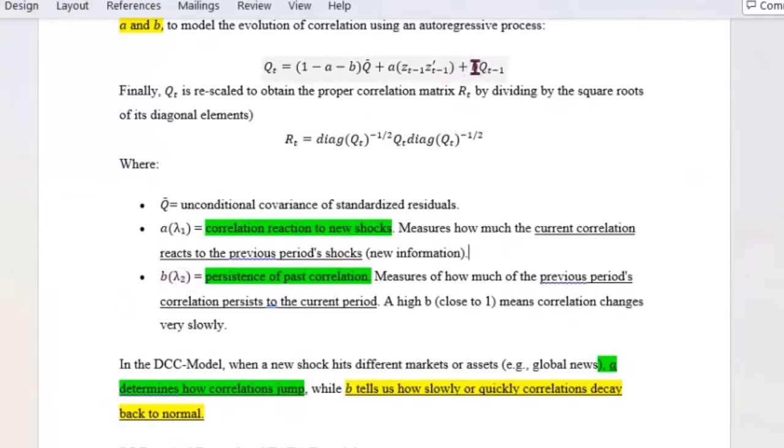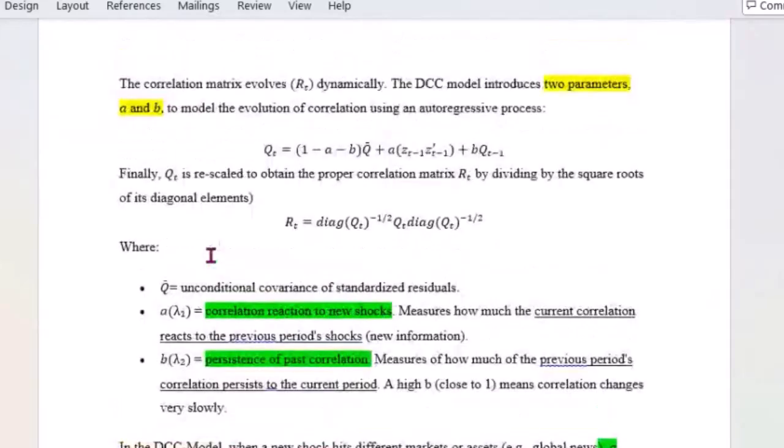And this lambda 2, B here, is the persistence of past correlation. It measures how much of the previous period's correlation persists to the current period. So a high B, close to 1, means that the correlation changes very slowly.